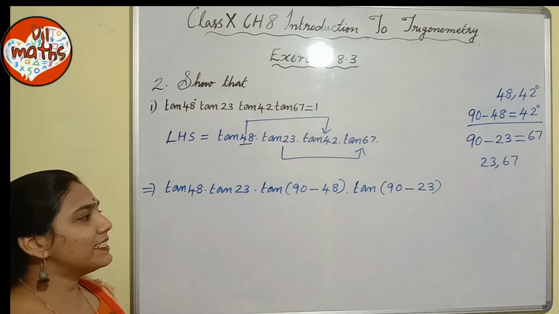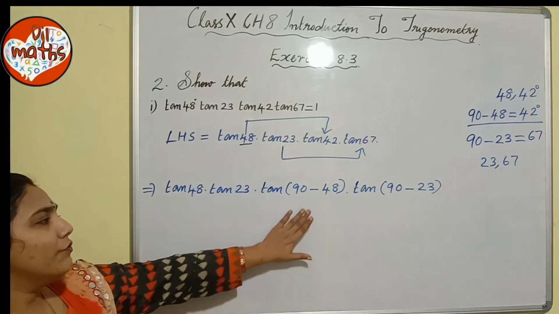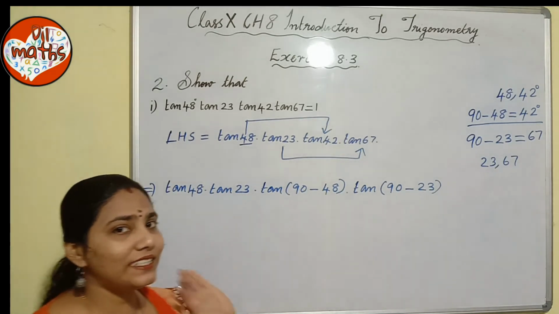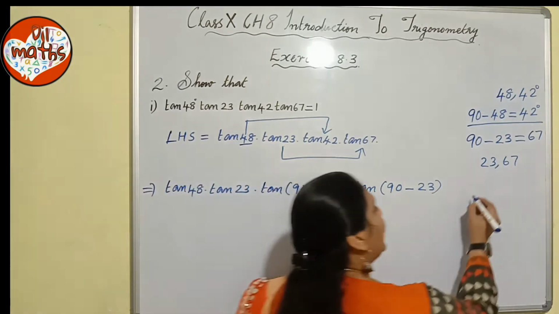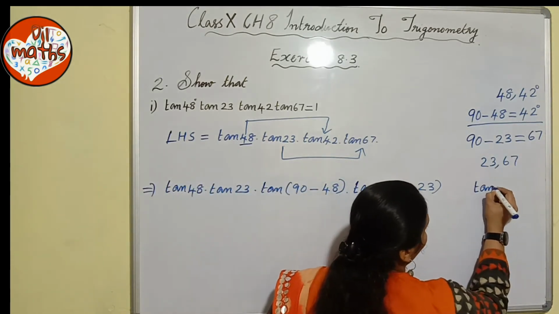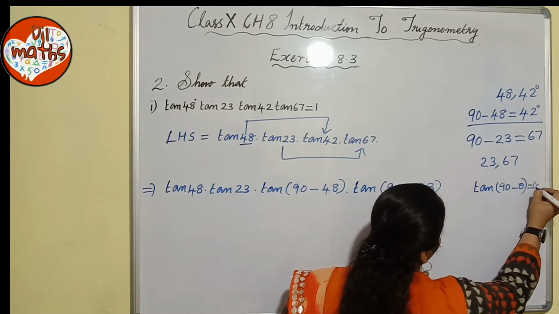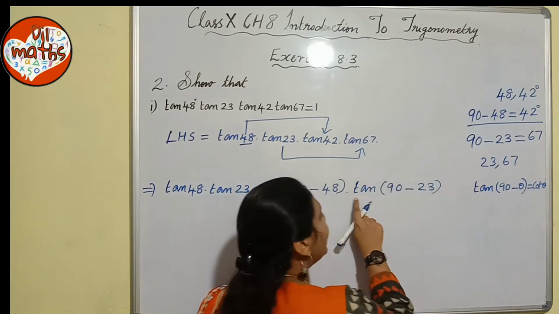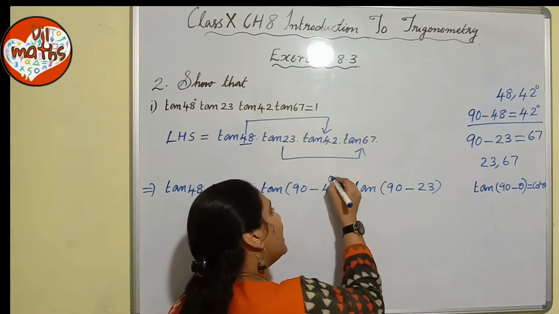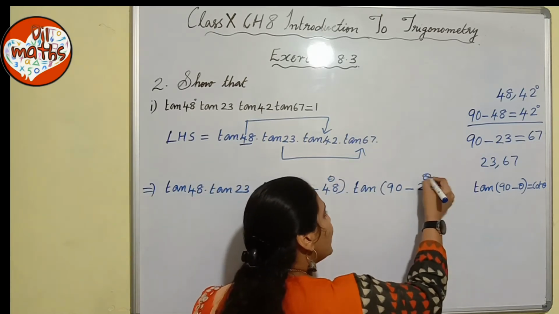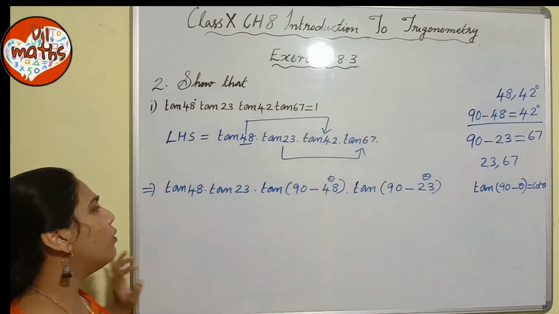In the next step, what we have to do? We know that tan 90 minus theta is equal to cot theta. So from here which one is theta? 48 is theta. Here 23 is theta. So applying that formula, what we will get?